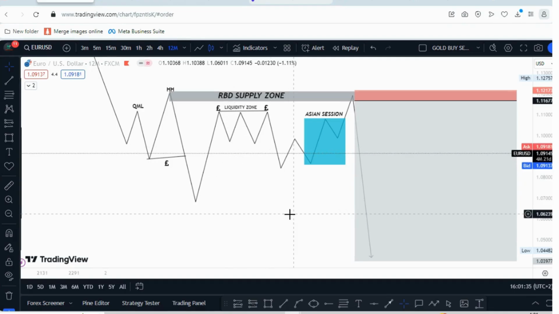So this is how it is, guys. But you have to make sure that you have a strategy. Don't just trade the Asian session alone. Trade it alongside another strategy. For example, you can use our strategy, which is the advanced QML strategy, advanced Quasimodo strategy, where you trade price action, and then you use the Asian session as an added confluence to an already existing strategy, and that's how you become consistently profitable.